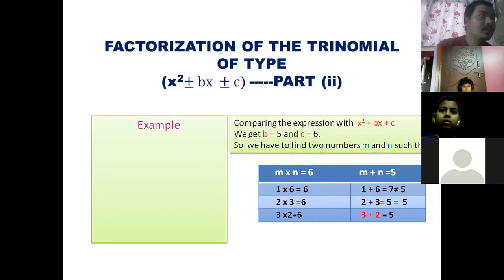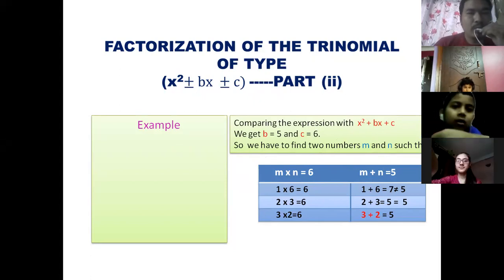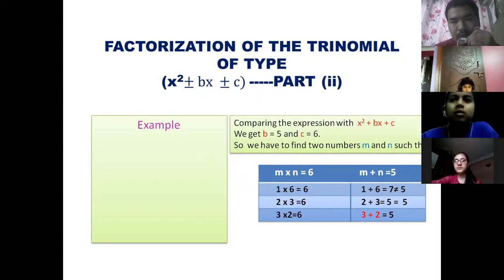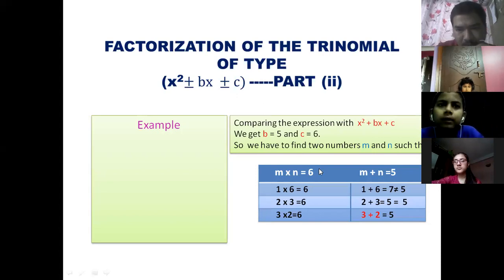Okay, children? When you solve question number 2, it is not compulsory to show this side one. But if you show it, it will be helpful for you. You can do the rough work also as side one.